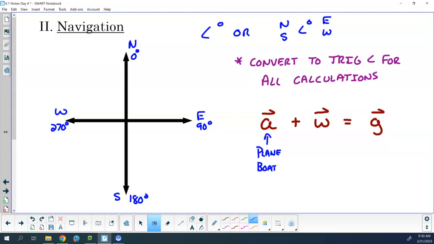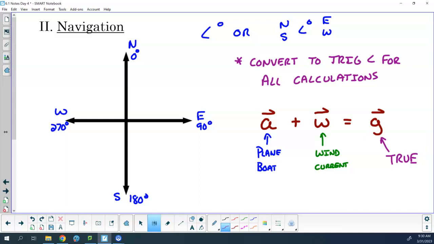That's your vessel. W is whatever is acting upon it: wind, the current of the water, Hurricane Zoe, all those things. Whatever is acting upon your vessel. And that then equals your true vector.